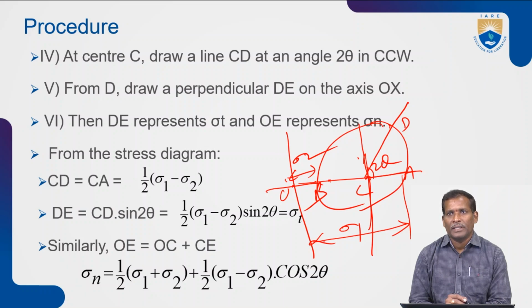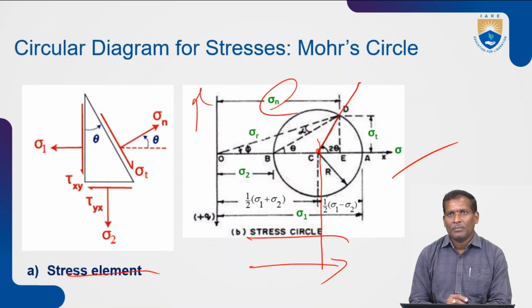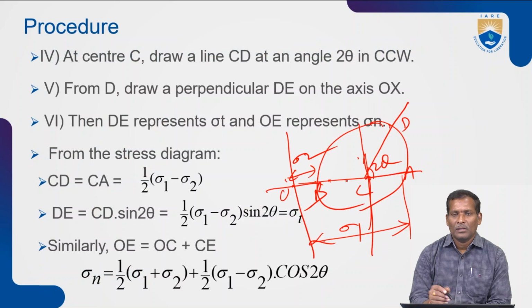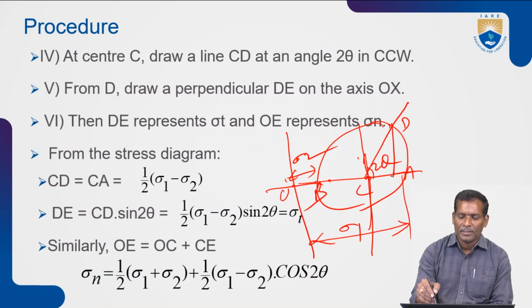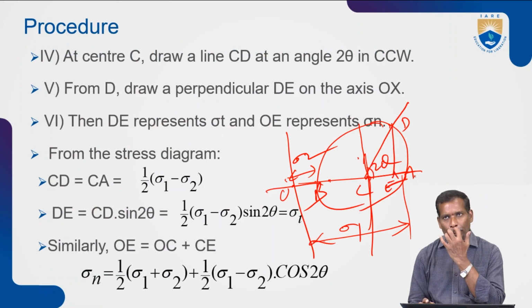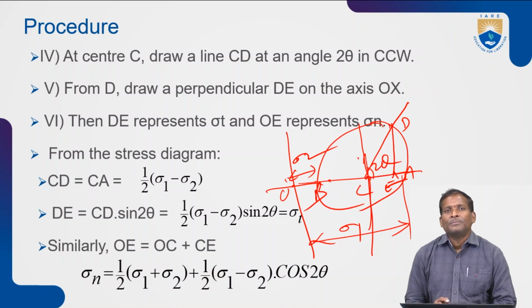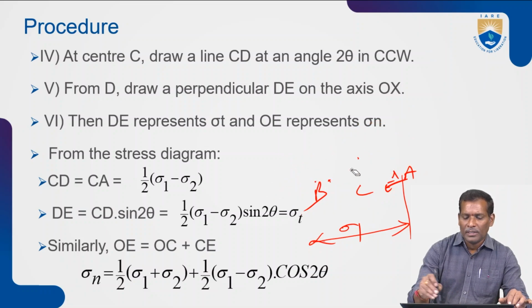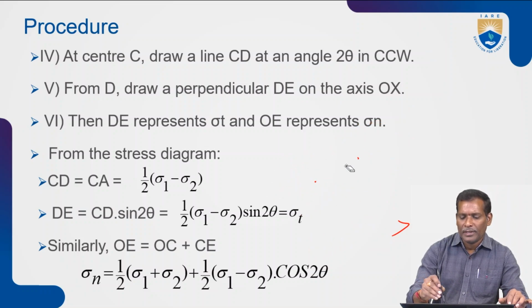Then DE represents sigma t and OE represents sigma n. Clear?